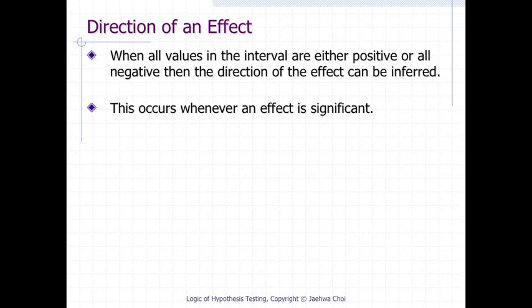Whenever an effect is significant, all values in the confidence interval will be on the same side of 0, either all positive or all negative. Therefore, a significant finding allows the researcher to reach a confident conclusion about the direction of the effect.